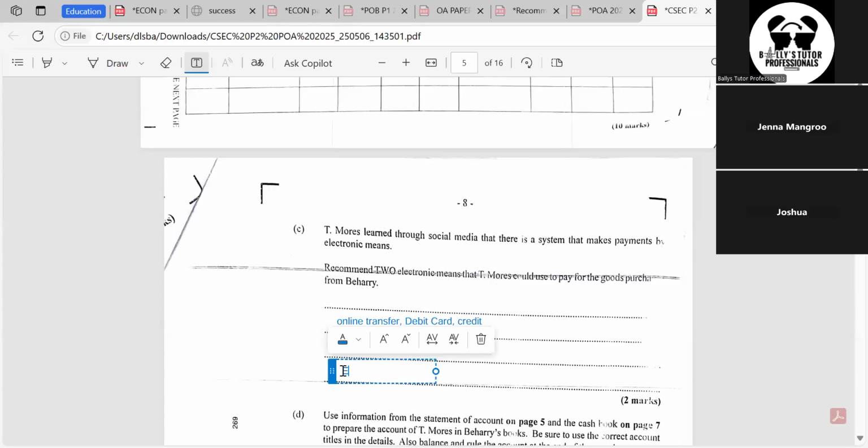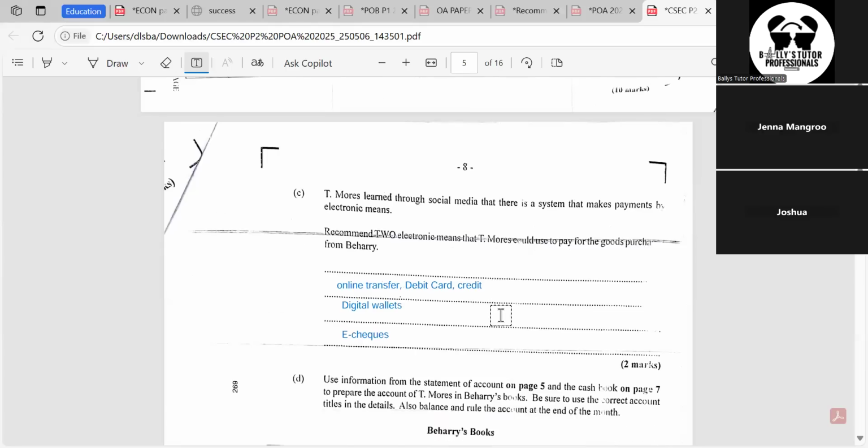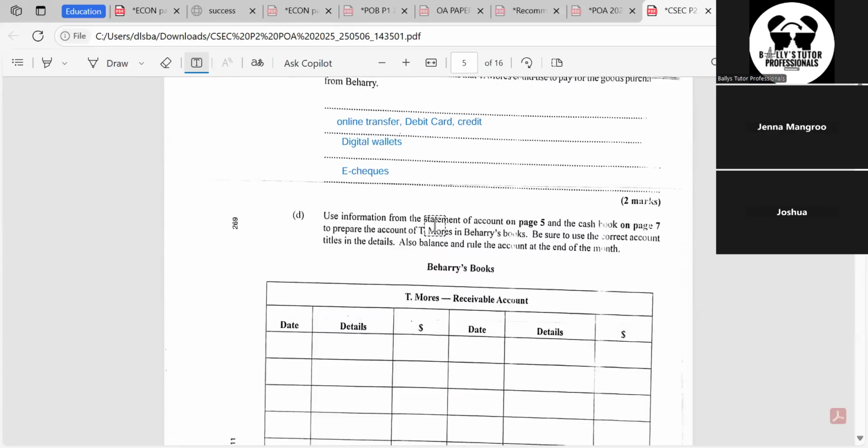There's even something called e-checks, digital versions of the paper checks. All of these are ways you can make payments electronically, right? Yes, sir.